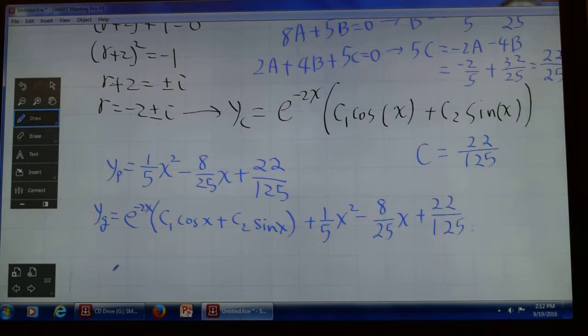That's the general solution. And I don't think anybody here has the patience to plug that back into the original equation, but if you did these long and tormenting calculations, you would find that it does satisfy the differential equation. So that's the solution.